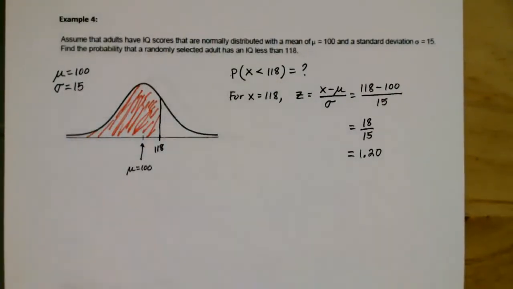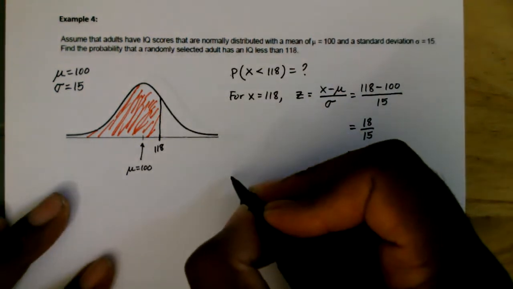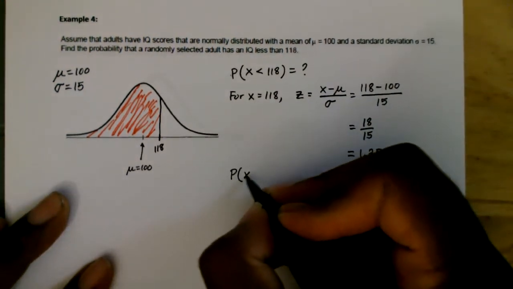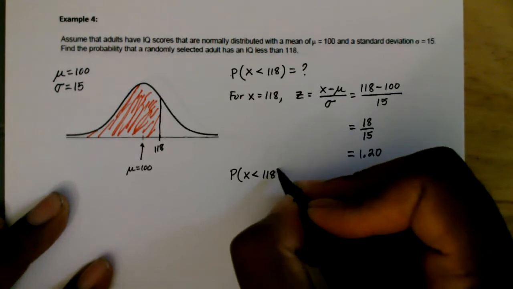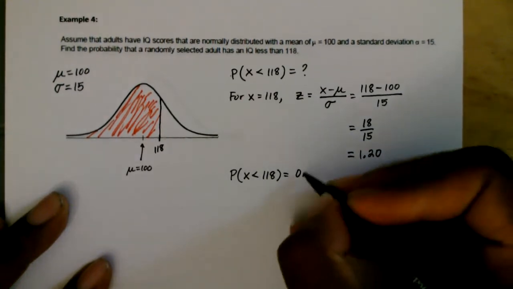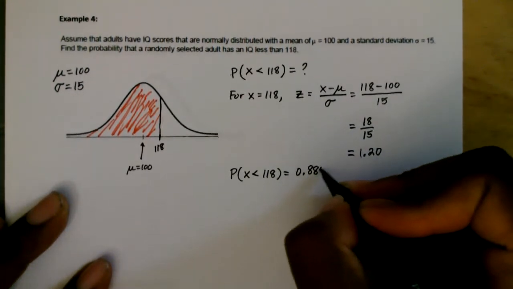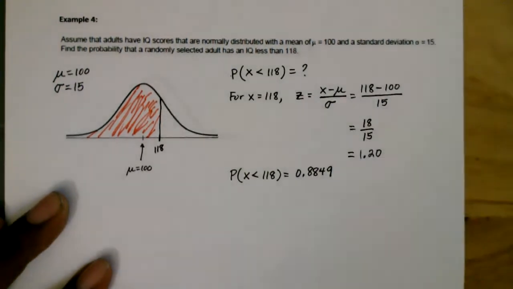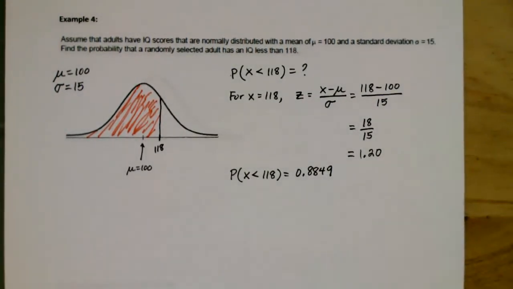And it does say cumulative area to the left, which is exactly what we're looking for in this case. So the probability that X is less than 118 would be 0.8849. To put that in perspective, the probability that a randomly selected adult has an IQ score less than 118 would be 0.8849.